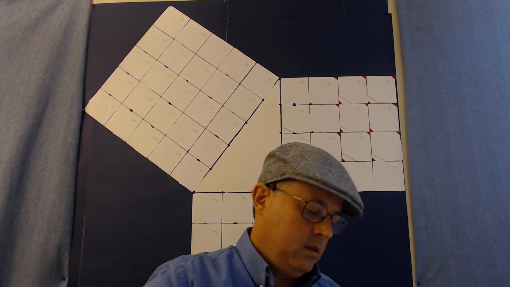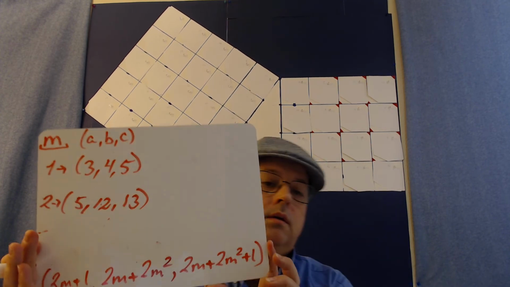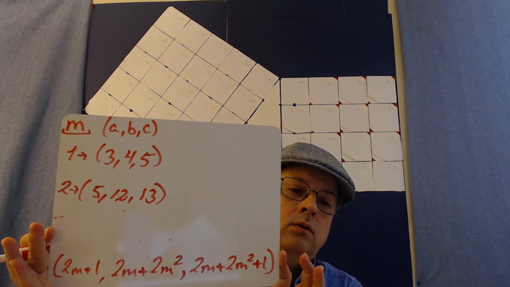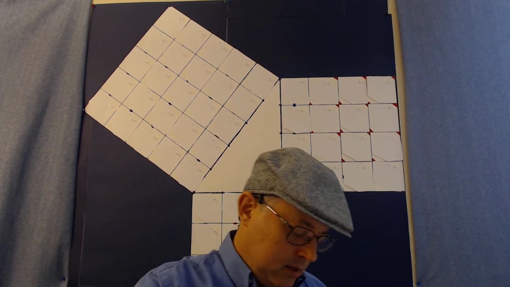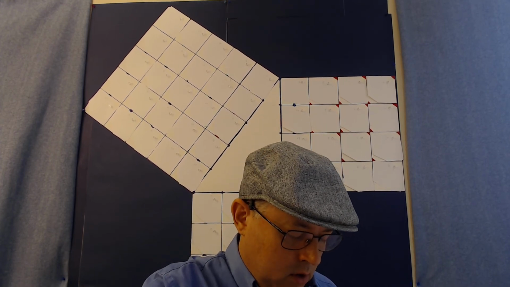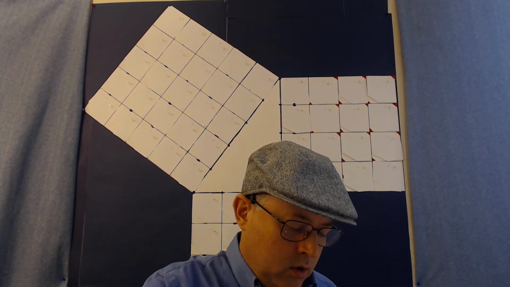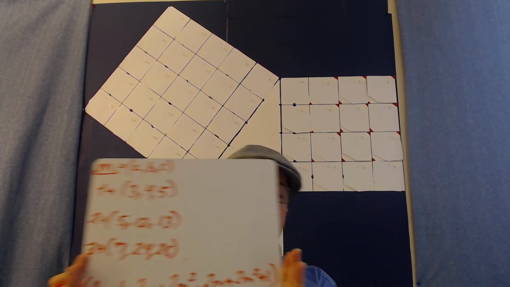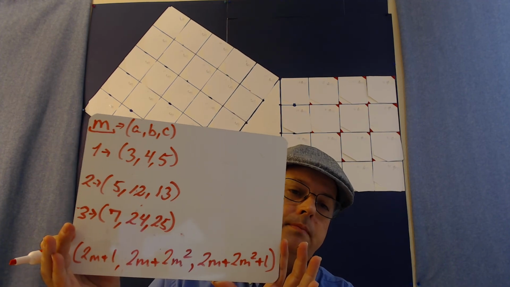Touching this up a bit. There we go. And then the basis of 3, as was shown earlier, we had the 7, 24, 25 Pythagorean triple.